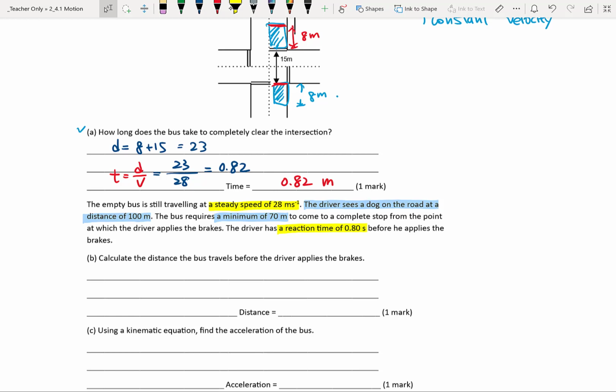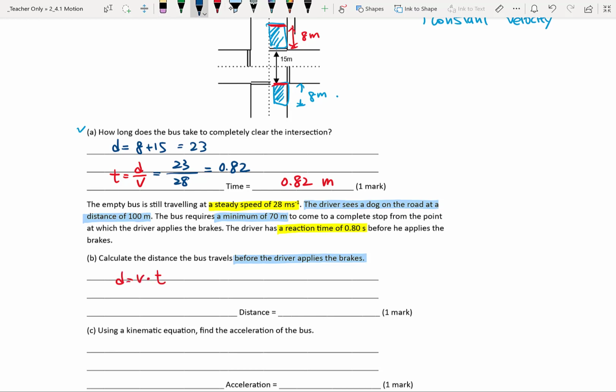Now question B, calculate the distance the bus travels before the driver applies the brake. Before the driver applies the brake, what will happen? There's no brake, so there's no force. So this again is a constant speed question, and the distance will be speed times time.